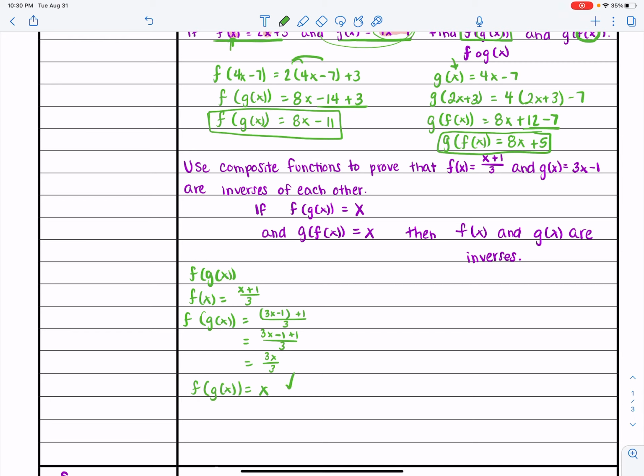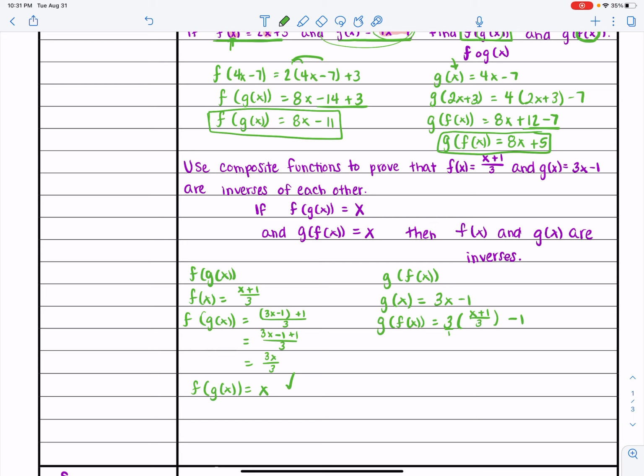Awesome, that worked. Well, now let's find the opposite, g of f of x. So I'm going to start with g, which was 3x minus 1. Now, I'm going to put the f function inside of the g. So I have 3 of, instead of x, we're going to use what f was, x plus 1 over 3, and then minus 1. Okay, so if I multiply this out, this is really 3 over 1.